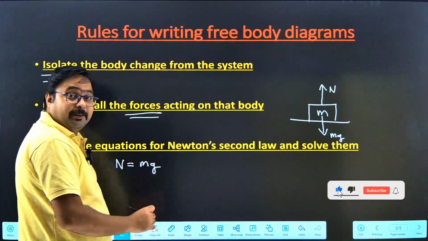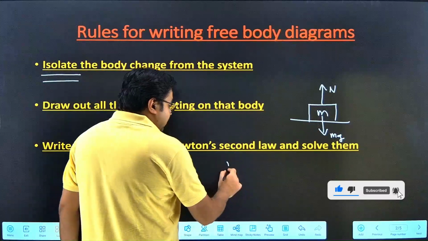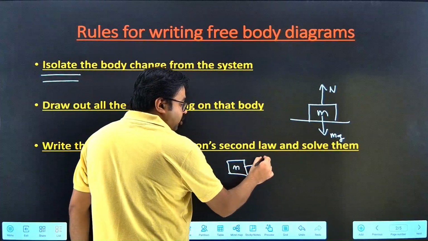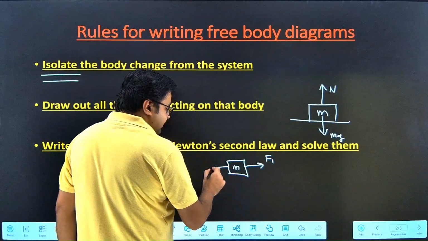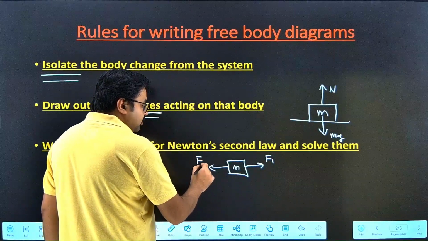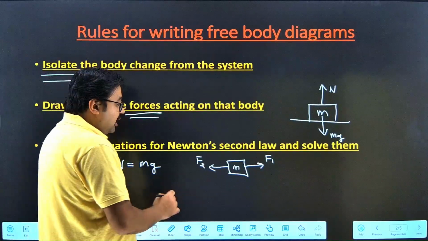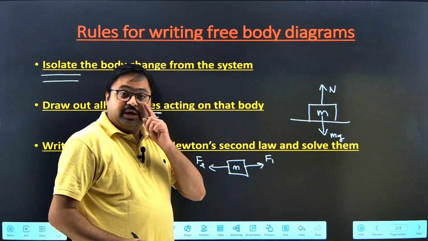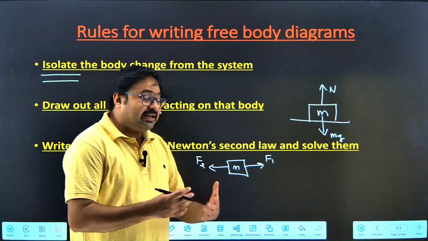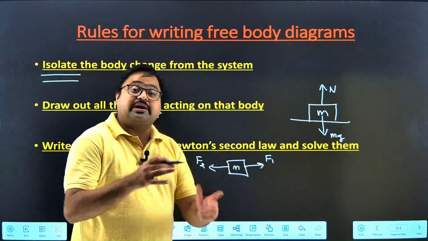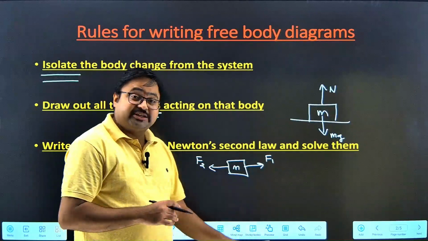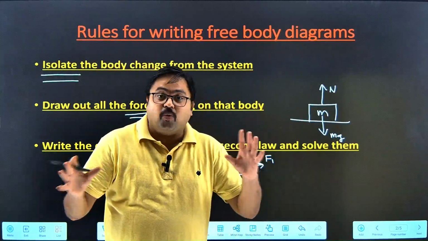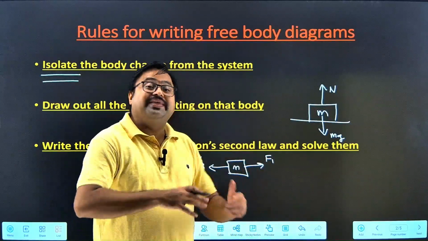But let's say that you had a block of mass m and it is being pulled by a force F1 in that direction and a force F2 in this direction. Then you ask me, CRS sir, how is this going to move? I would say that it would accelerate if F1 and F2 are unequal, because these two are vectors, and if they are in opposite directions, they tend to subtract one another. And if they are equal, they get cancelled.